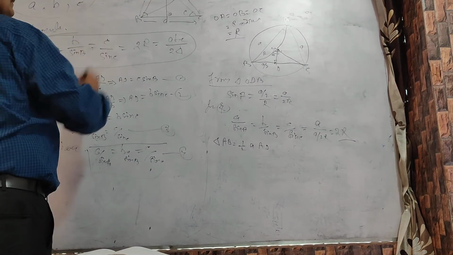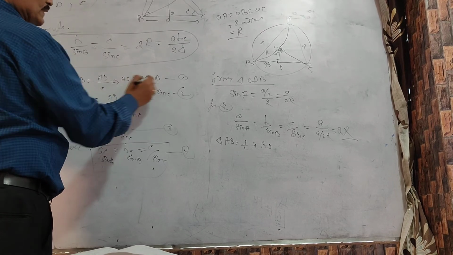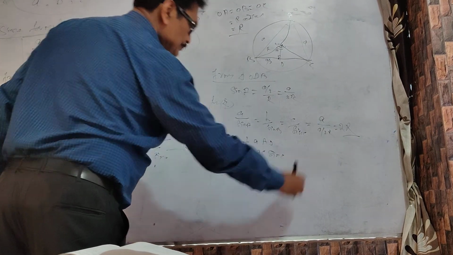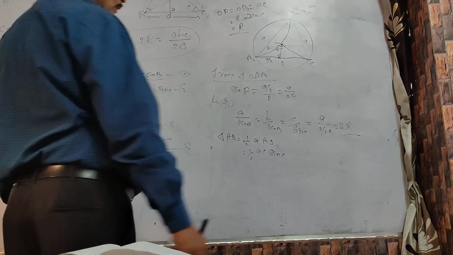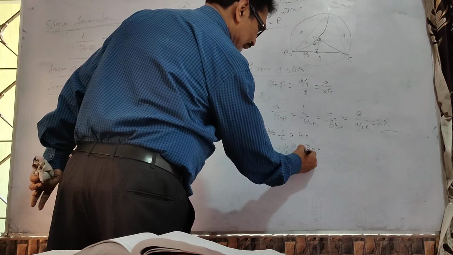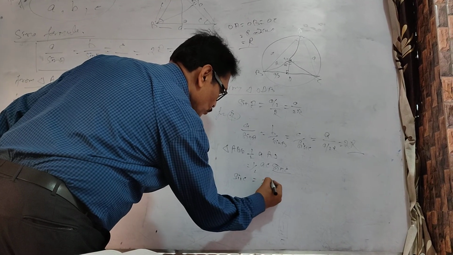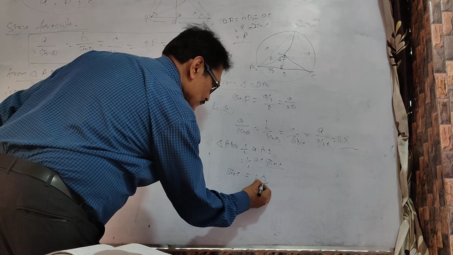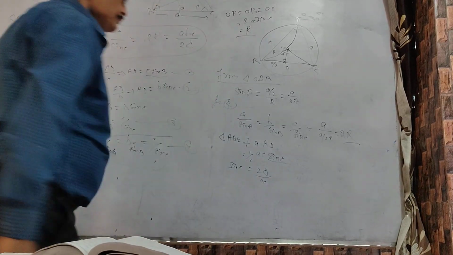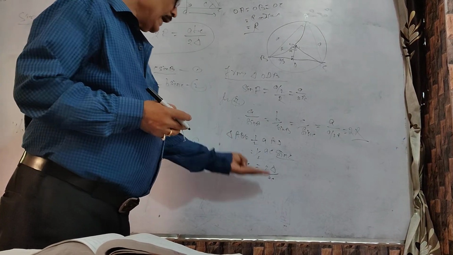And here AD is b sin C. So we can write 1 by 2 ab sin C. Now this sin C is equal to 2 times the area of the triangle upon ab.